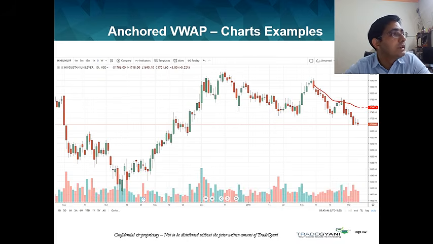Moving on to the next example, it is Hindustan Unilever, HUL, daily chart. I have drawn a starting anchor from the recent swing high, which was around the level of 1840. From 1840, if someone is consistently selling, you can see that there are more red bars than green bars.